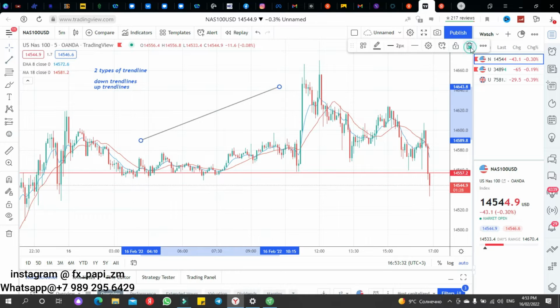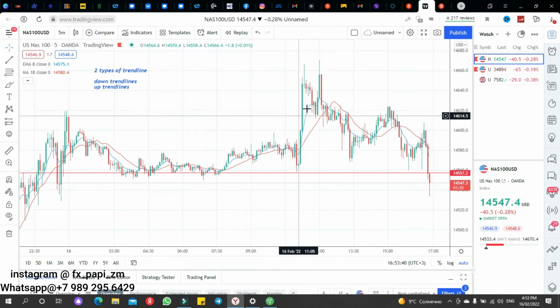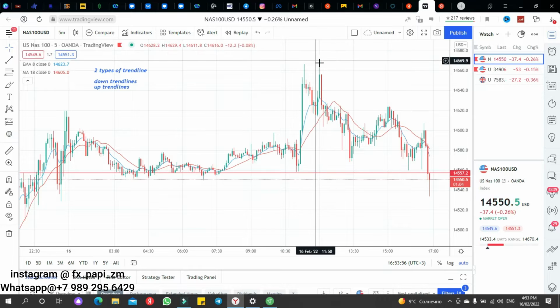Okay. So now let me show you how you can use the trend lines for possible entries. For instance, first of all, before you use the trend line, you're supposed to recognize the market structure. If you don't know how to recognize the market structure, I did a video. You can search for it in my videos there. So let's draw a downtrend line.